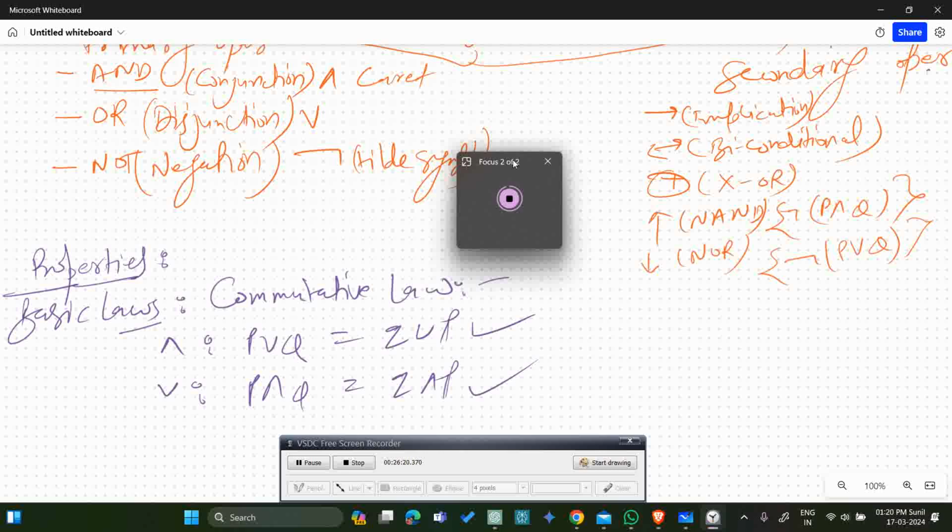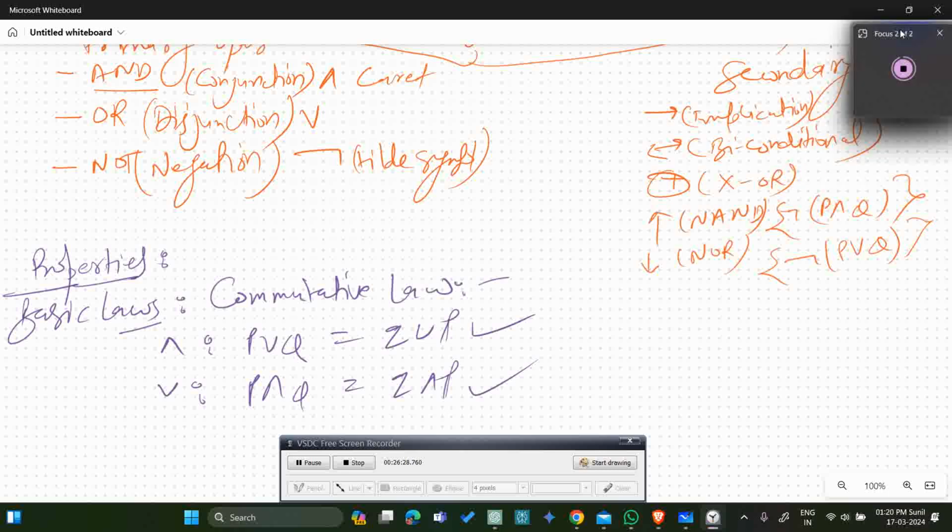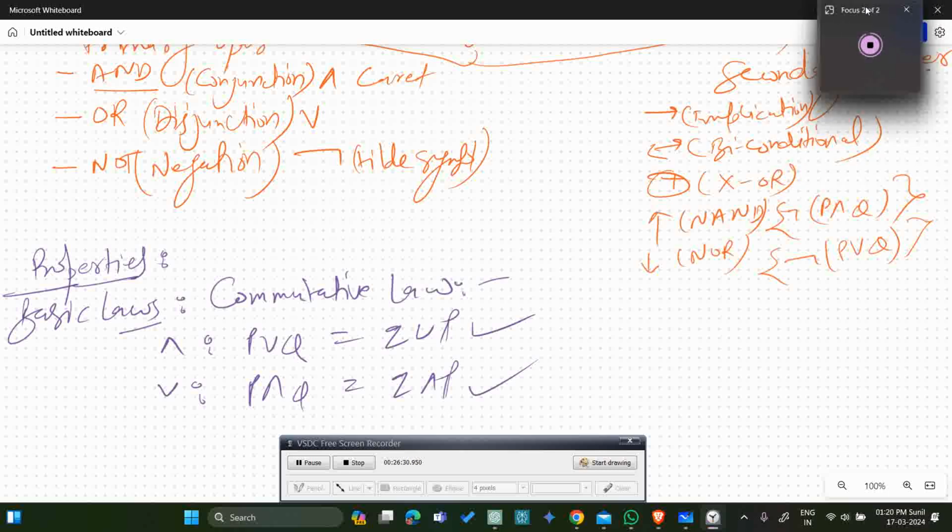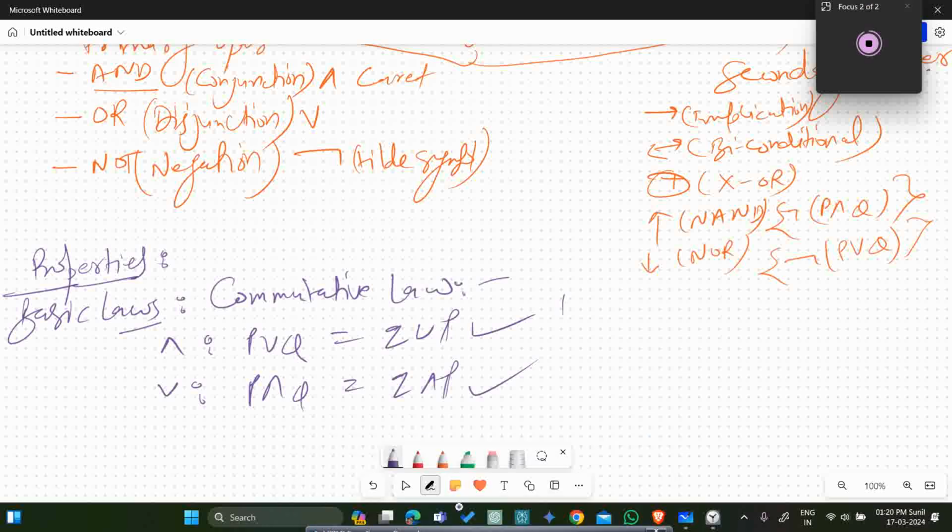So, let's do this now. Second is the commutative law, and second is the associative law.